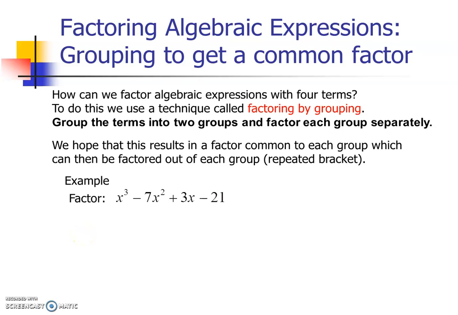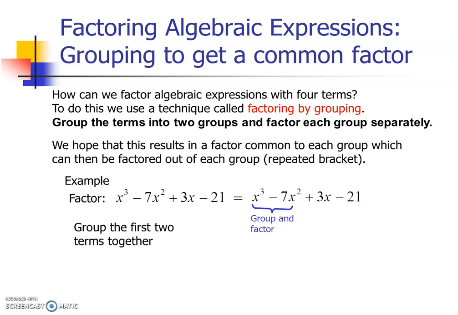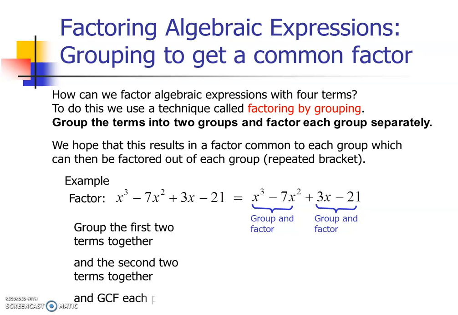So for example, if I wanted to factor these four terms, there's no GCF for all four of them. But what we instead do is we're going to break it up into two pairs. So at the beginning, we're always going to just pair the first pair together and the second pair together and look for a GCF that matches each of those pairs. In the first pair, you have a common factor of x squared.